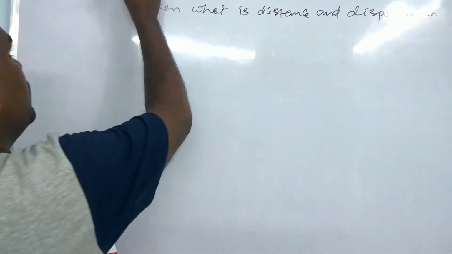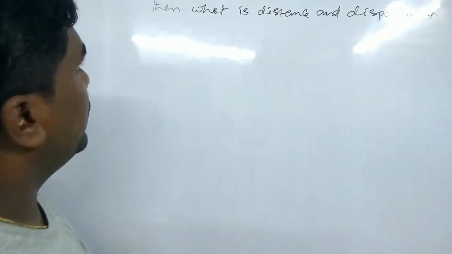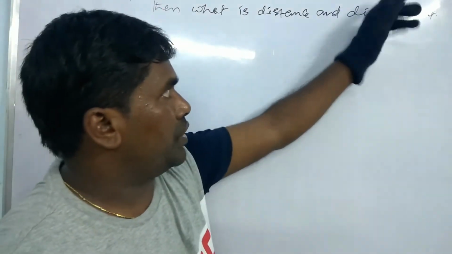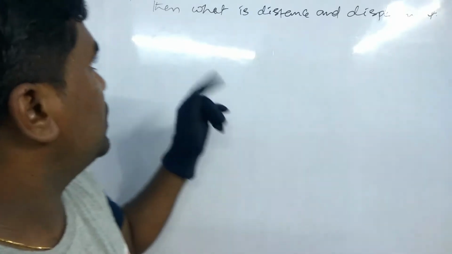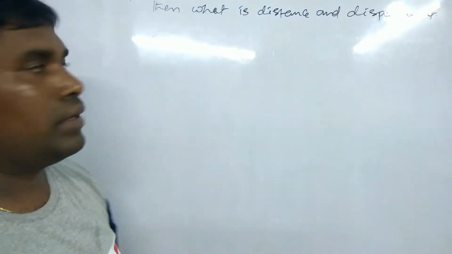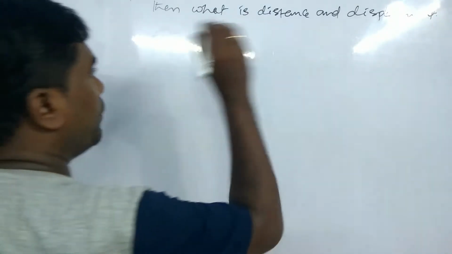Okay, here if a man can walk 3 meter of east and 4 meter of north, then what is the distance and displacement of a man?